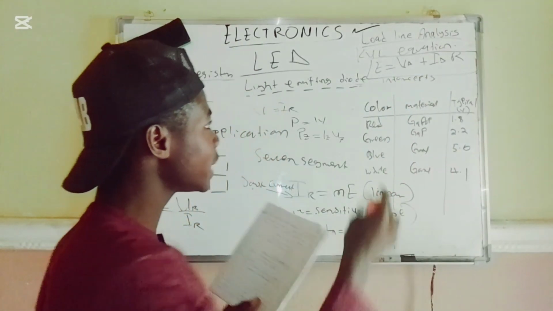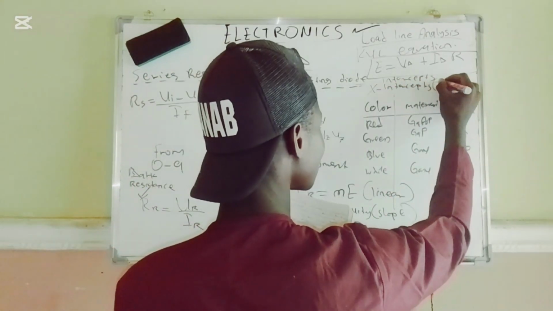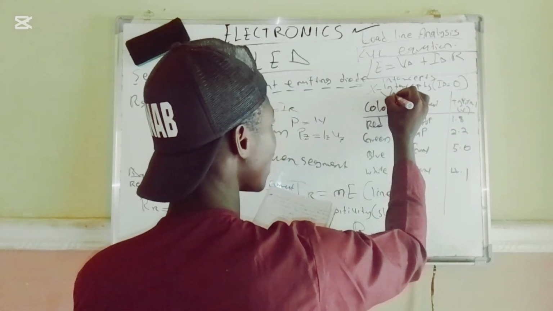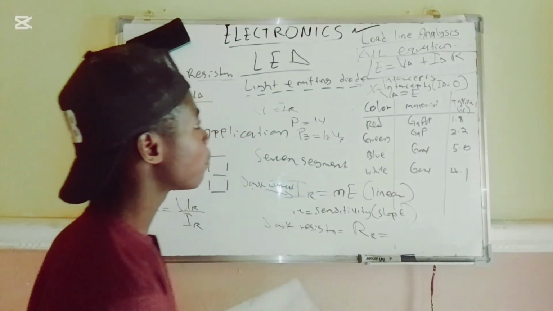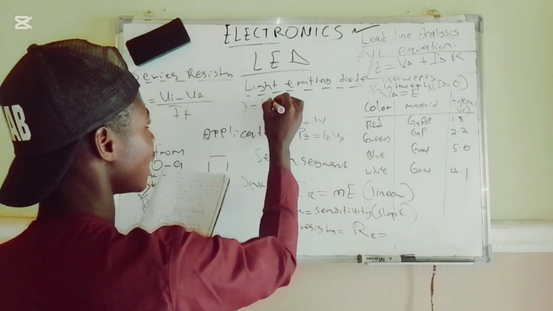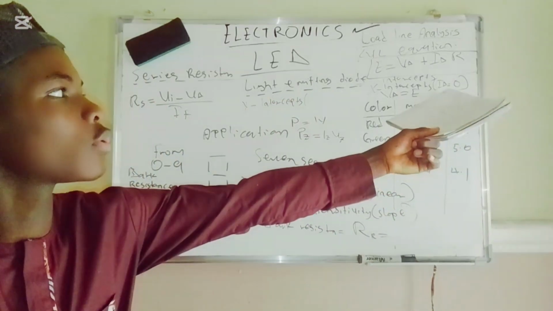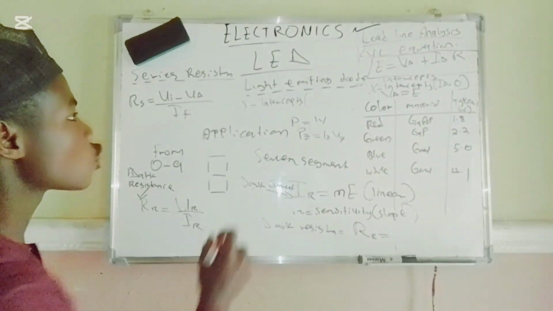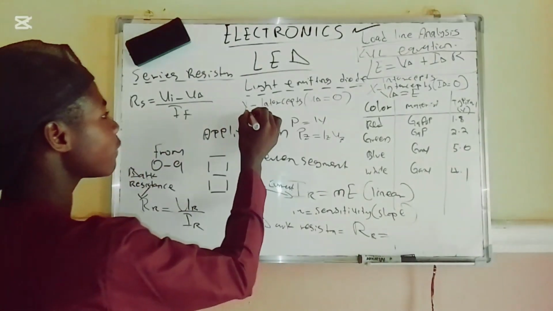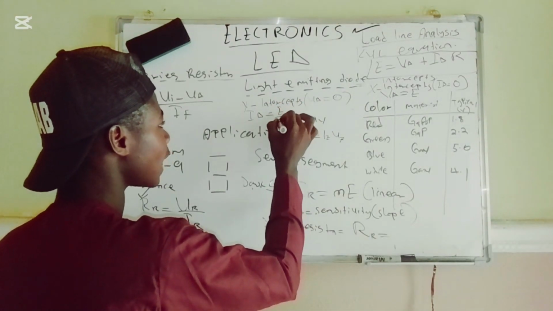In the X intercept, ID, the diode current, is equal to 0 when the diode voltage VD is equal to E. For the voltage diode, VD is equal to 0 when ID is equal to E over R.